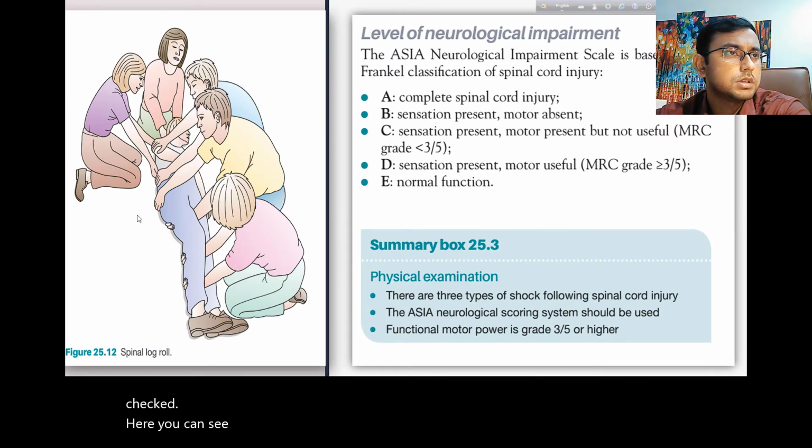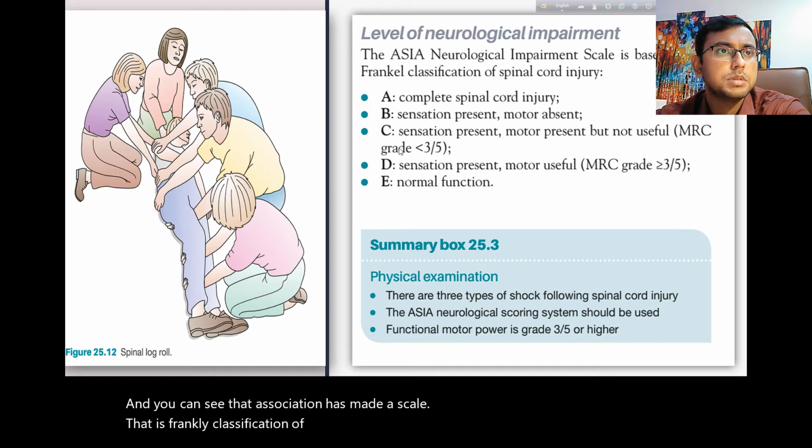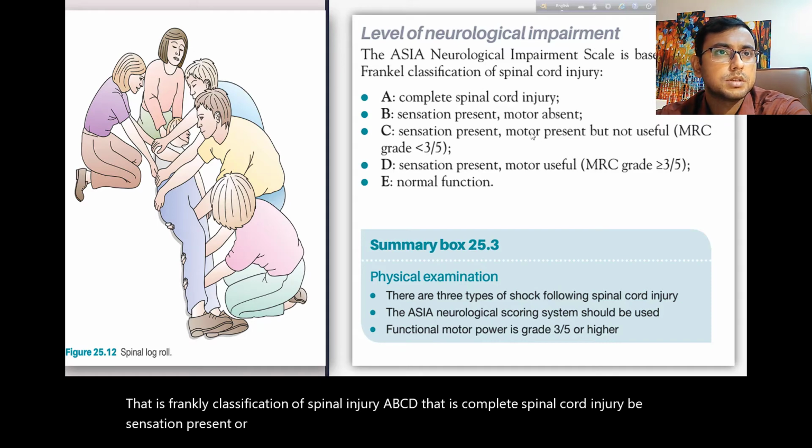Some people will try to roll the patient, and you can see that the association has made a scale, that is the Frankel classification of spinal injury, A, B, C, D, E. A is complete spinal cord injury, the most severe. B is less severe: sensation present but motor absent. C: sensation present, motor present but not useful.